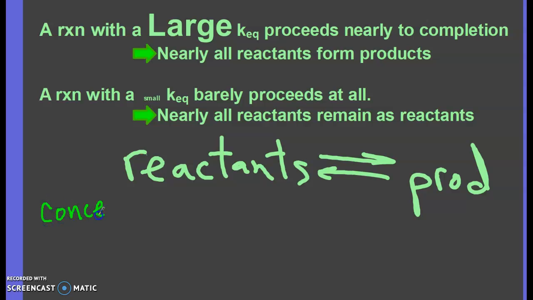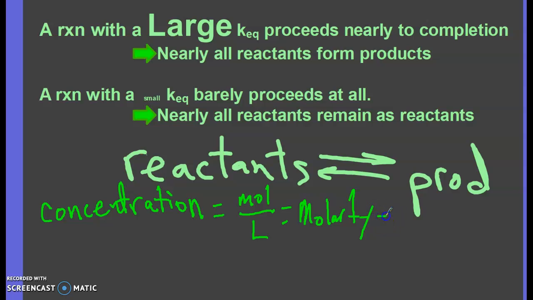A word we learned last year in terms of concentration would be the number of moles, the amount. Or concentration would be the moles per liter if it's in an aqueous solution, so how many moles of the substance are in it. We talk about this as molarity, capital M.